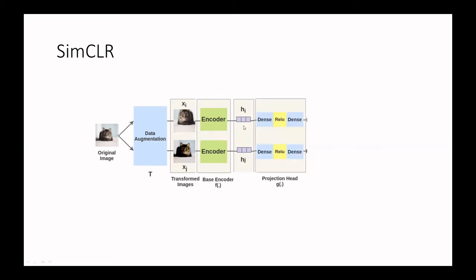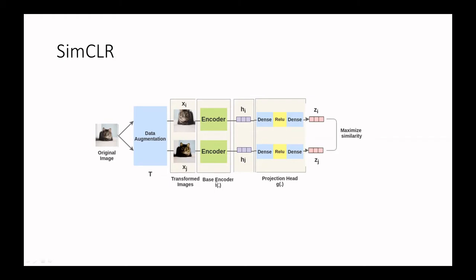Then this hi and hj, the representations of the two augmented images, are passed through a series of nonlinear layers to apply a nonlinear transformation and project them into representations zi and zj. And then we have to maximize the similarity.